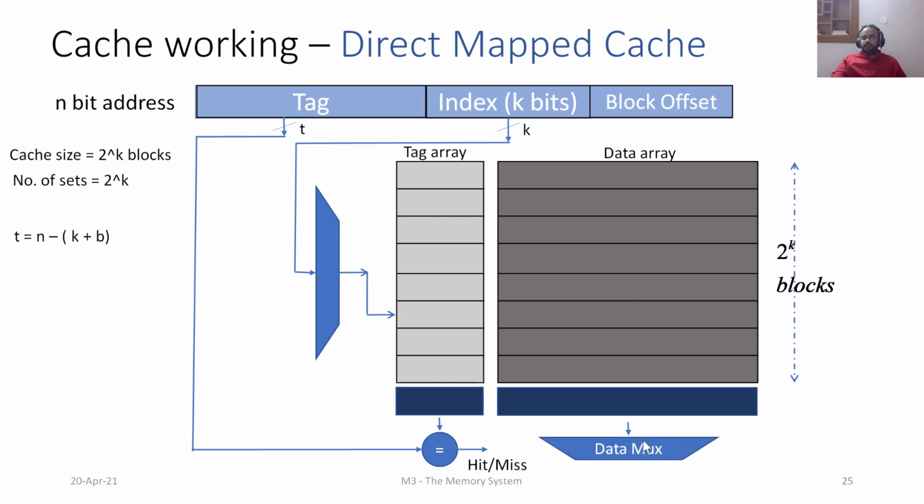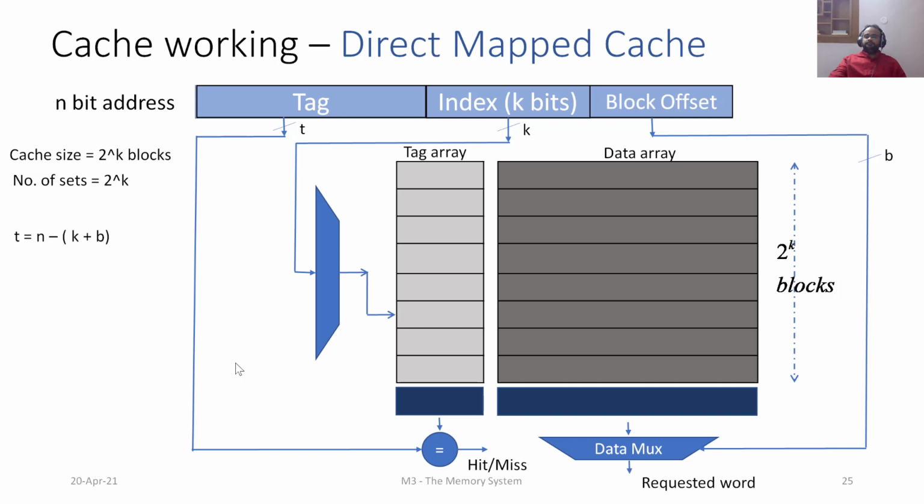So among the 64 bytes, which 4 bytes are needed are selected by the block offset here, b. So if it is a hit, only then the data mux will pick the appropriate 4 bytes and forward it to the processor or forward it to the next level of cache, whatever it is.